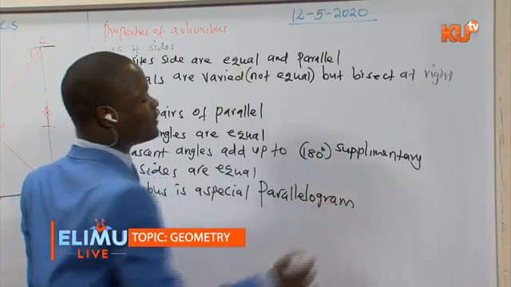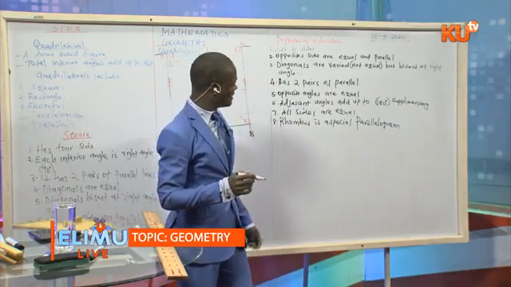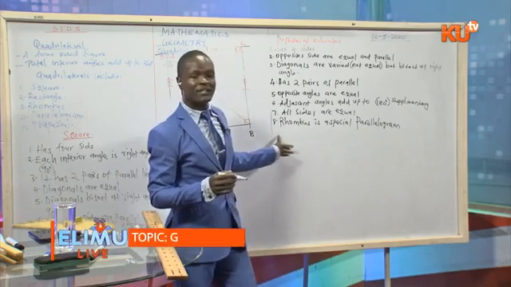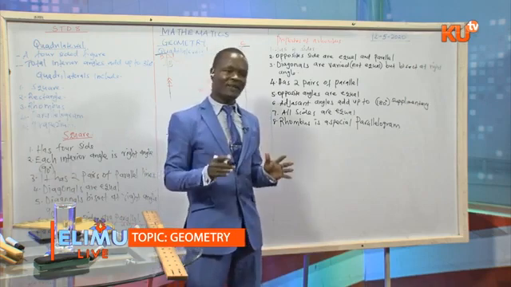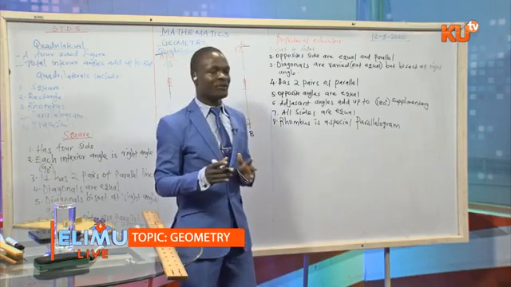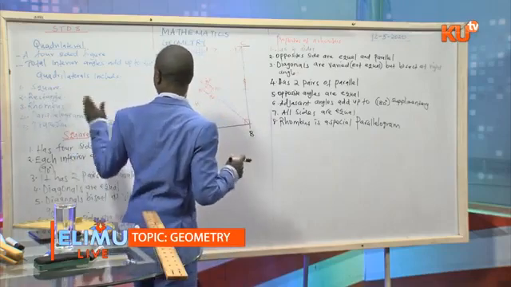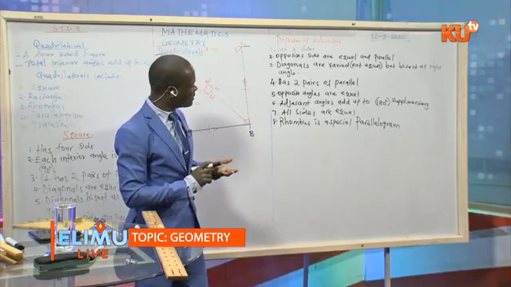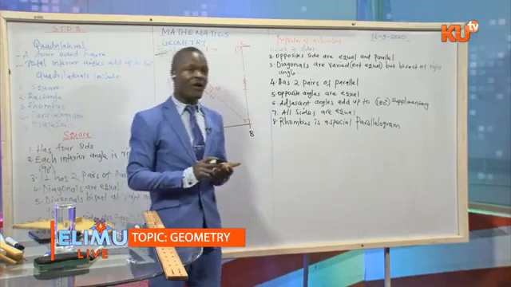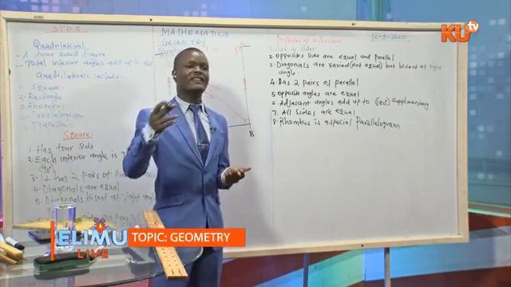But a parallelogram cannot be a special rhombus. That is also another area that is always confusing. A rhombus is a special parallelogram, but a parallelogram is not a special rhombus. In fact, these four, that is square, rectangle, and rhombus, are all special parallelograms, but the vice versa is not true.